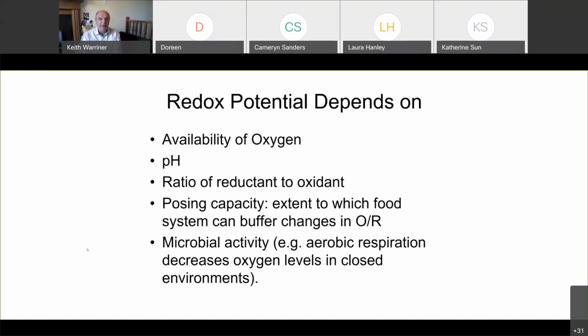They basically buffer the change in redox potential and keep it negative, because you don't want to oxidize the food components. And even the activity of microbes matters: if you're in a sealed pack with oxygen in there, the microbes will consume the oxygen, therefore converting it from a positive redox potential to a negative one.